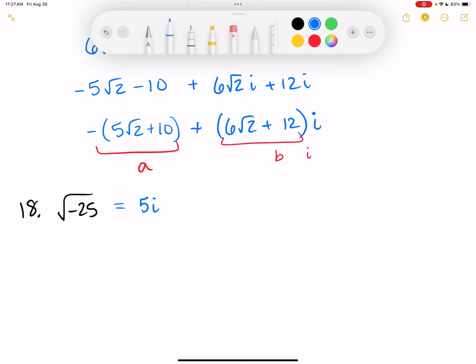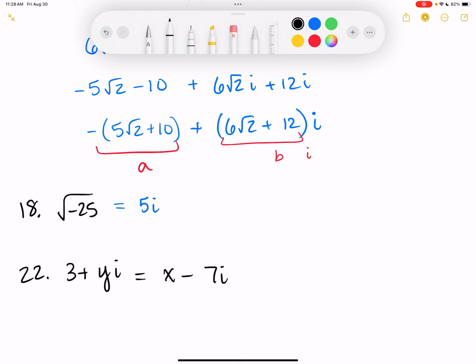All right, these next ones say to find the real numbers x and y that make the equation true. So I've got 3 plus yi is equal to x minus 7i.